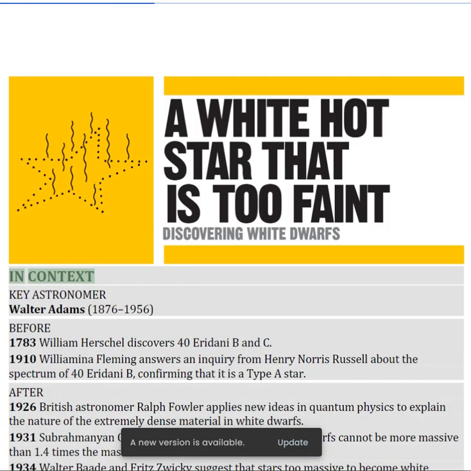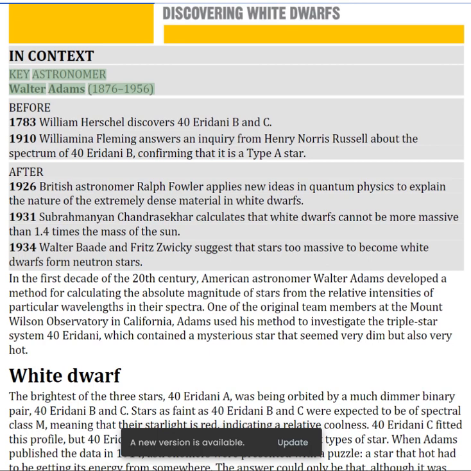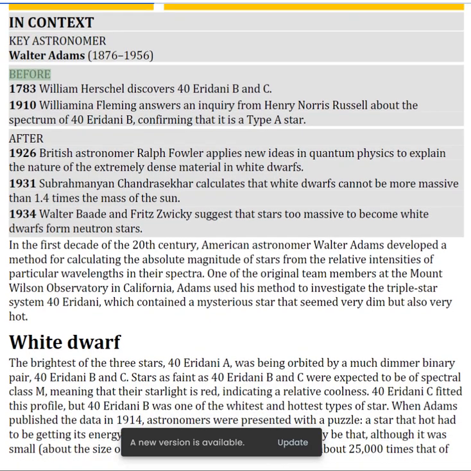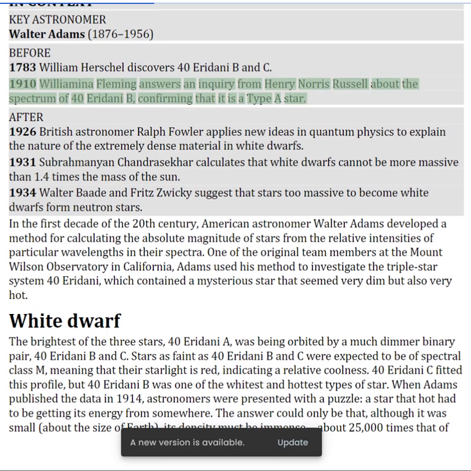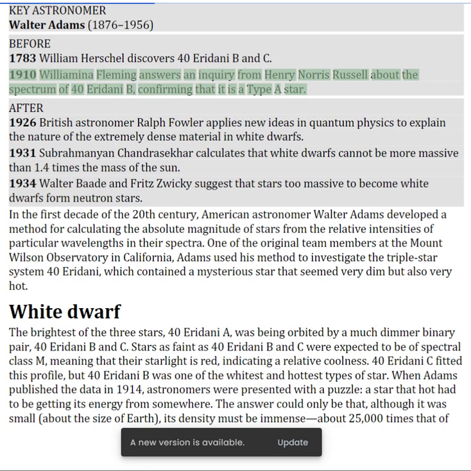In context. Key astronomer Walter Adams. Before: 1783 William Herschel discovers 40 Eridani B and C. 1910 Williamina Fleming answers an inquiry from Henry Norris Russell about the spectrum of 40 Eridani B, confirming that it is a Type A star.